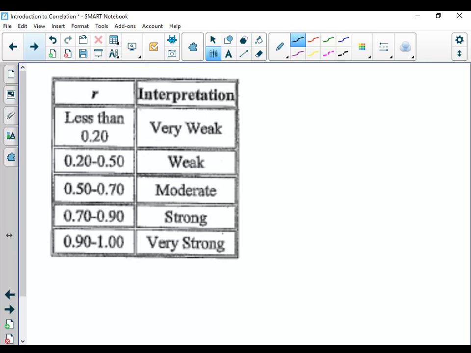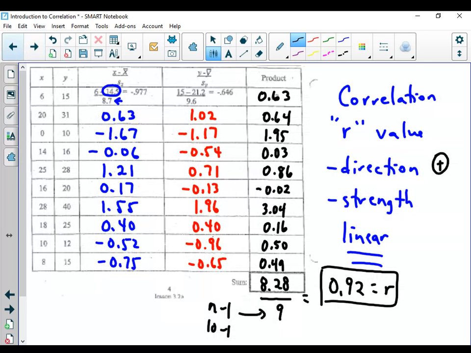Well, now we're going to actually fit it into one of these 5 categories. So ours was 0.92. So if we look for 0.92 here, that's actually going to fit in this category here. So we would say that the correlation or the strength of this one is not just strong, but we'd actually go ahead and say this is an example of a very strong situation.